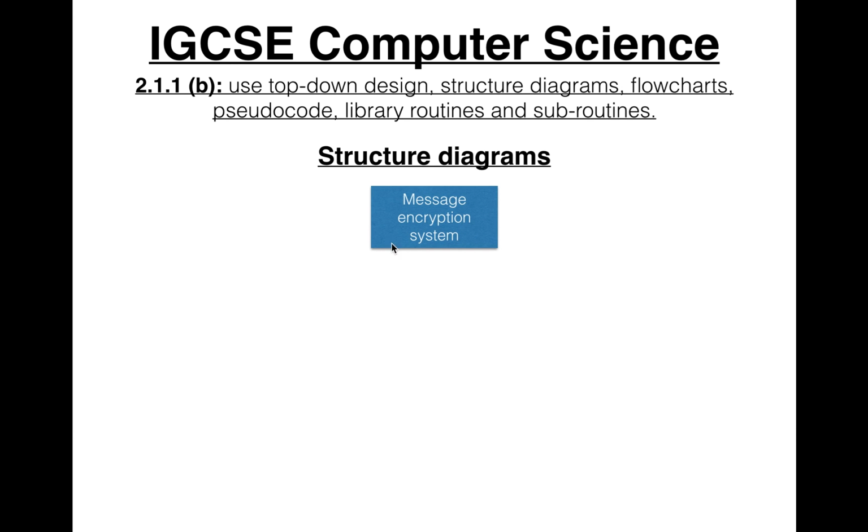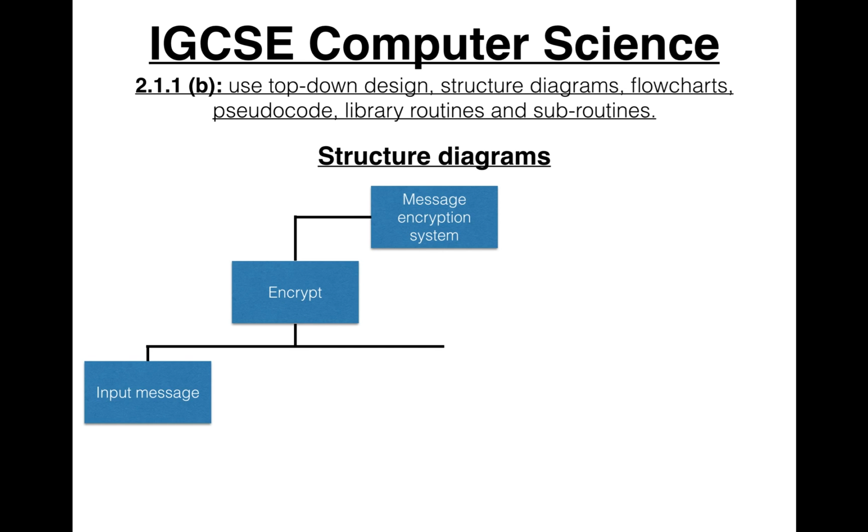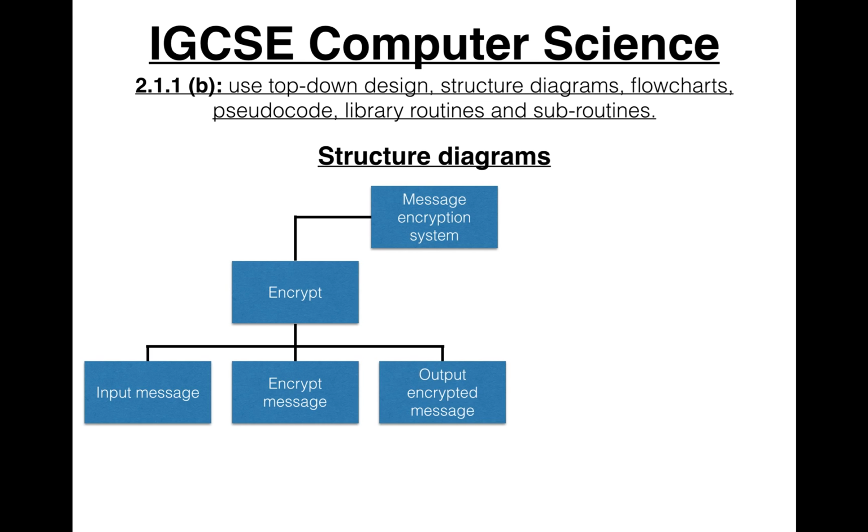We have a message encryption system. This is a program which encrypts and decrypts a message. This is how it works. We break it down into two parts: the encrypt part and the decrypt part. The encrypt part can be broken down into input message, encrypt message, and output encrypted message.